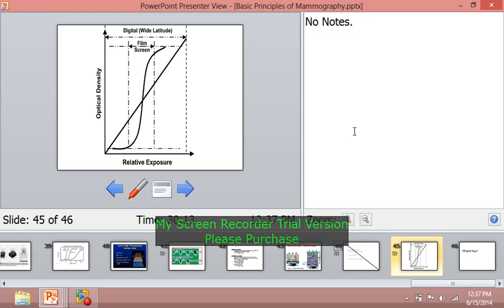But in conventional, we have to know the particular threshold after which the density increases and after which the useful density vanishes. So in between the vertical straight lines, that is the useful density.